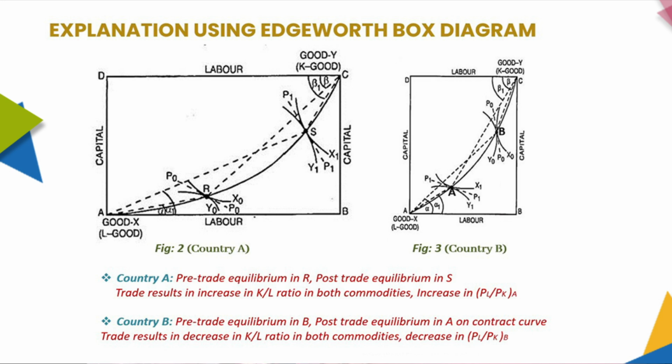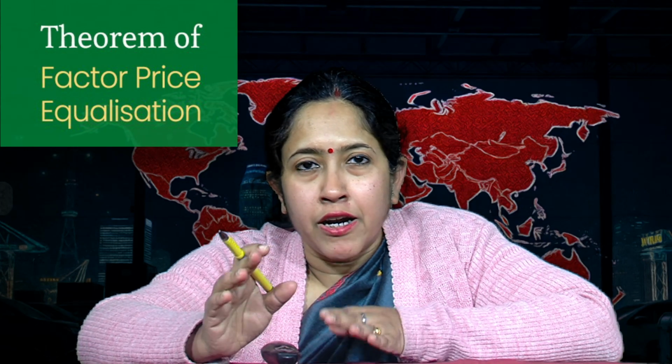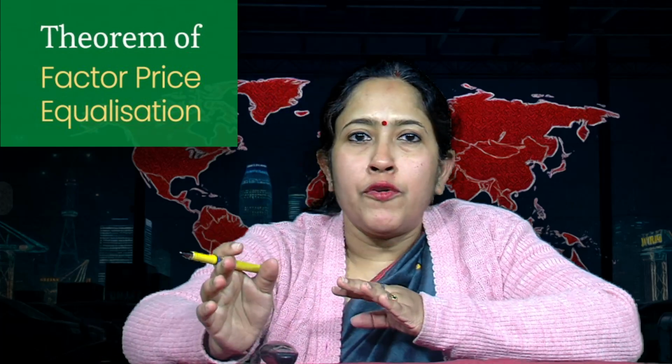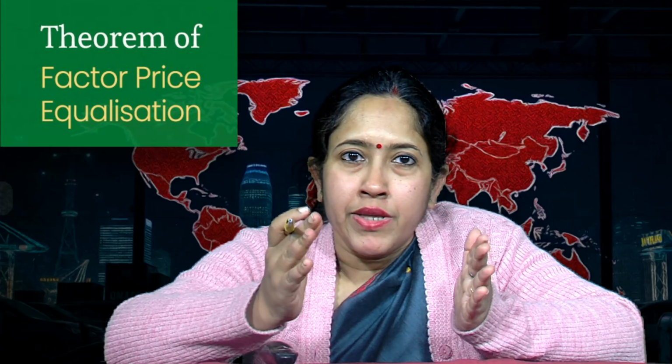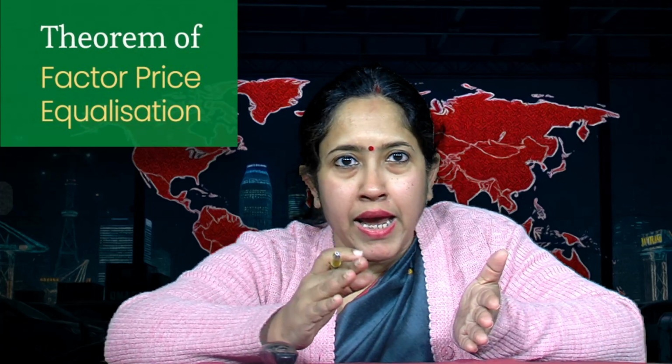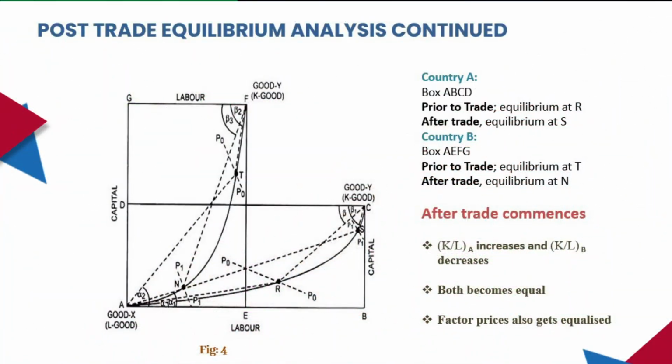Now, if we relate to another figure, here in figure 4, we are comparing in one diagram the production of the two countries, country A and country B. Now, what happens? Supposing we start with A, E, F, G and the Edgeworth box A, B, C, D. As we can see, AB, the x-axis, is the labor axis, which is more elongated.